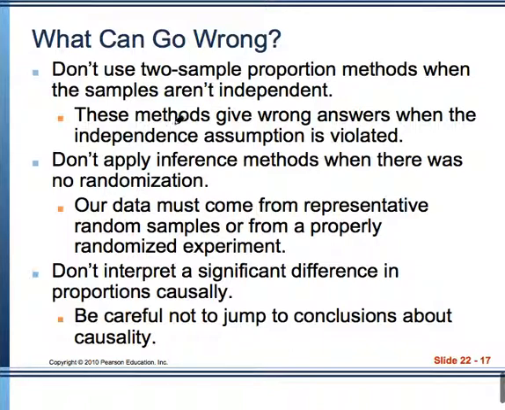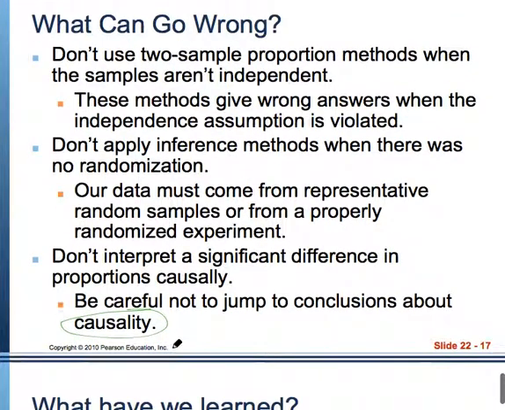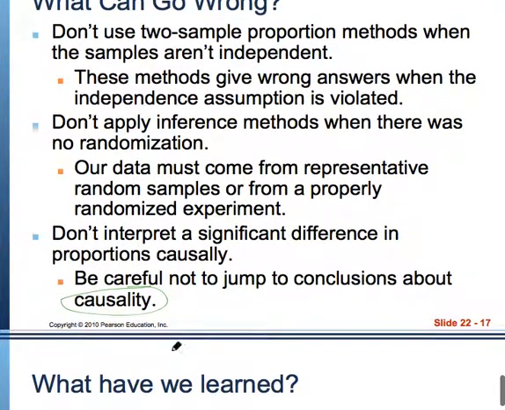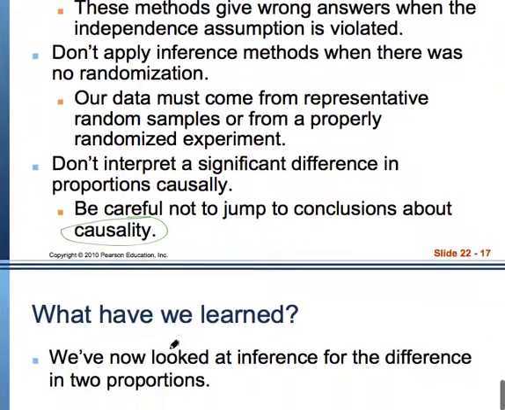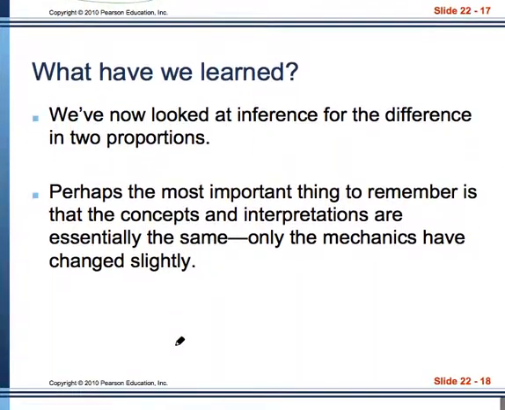You also want to make sure the groups are random, how they're put in there. And we still have causality; that hasn't come up in a while, but we still are not saying that one thing causes the other. We'll talk about how to write the conclusion so we aren't tempted to talk about causality.